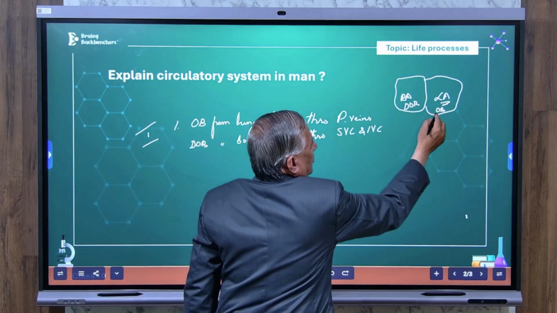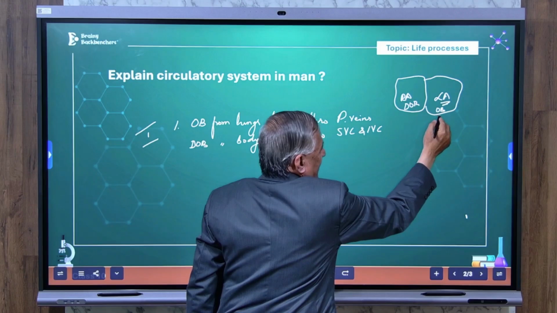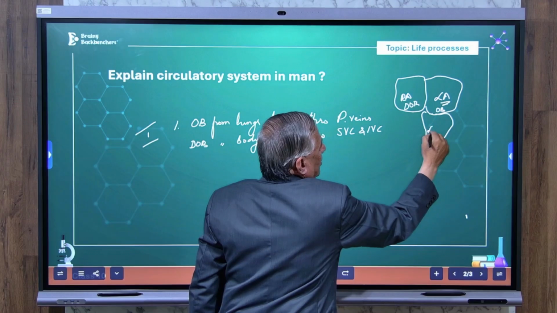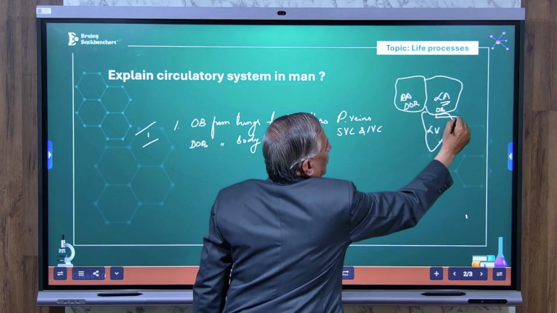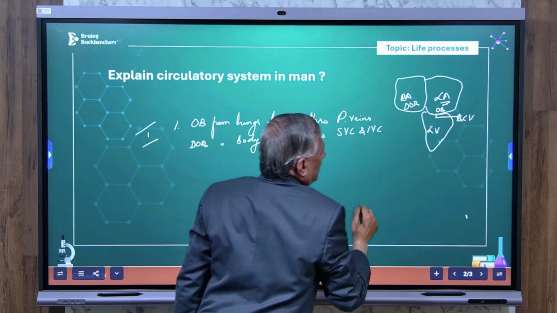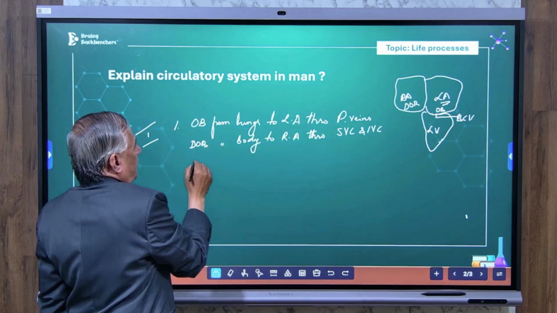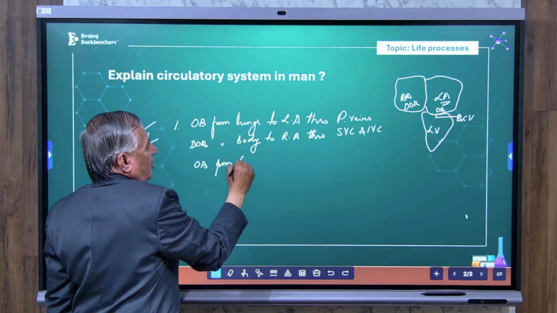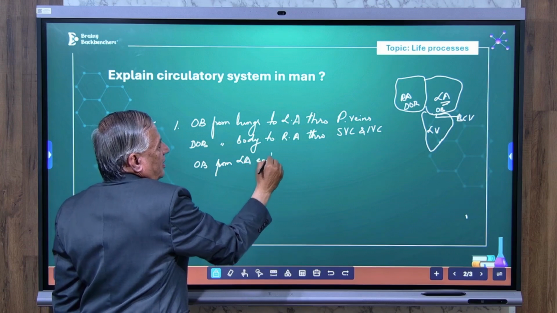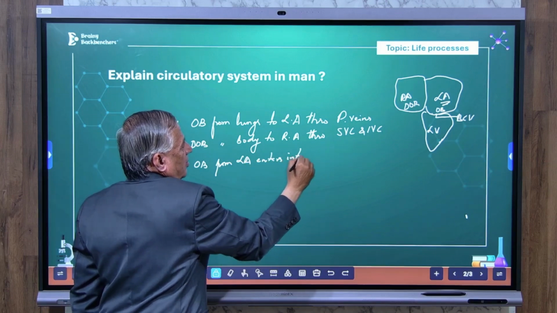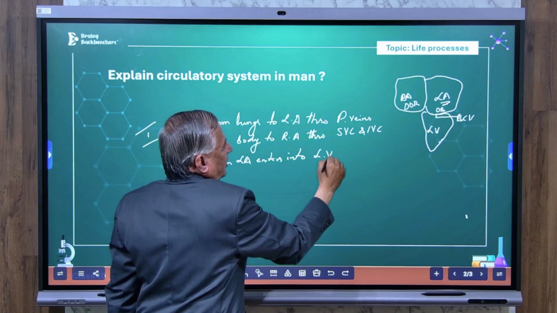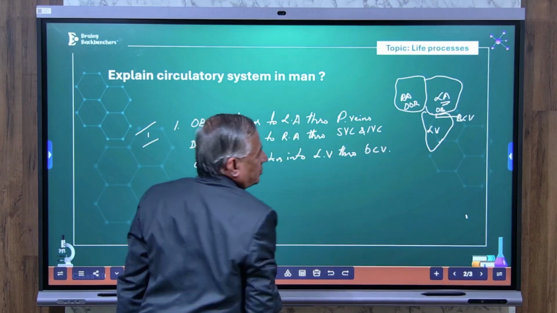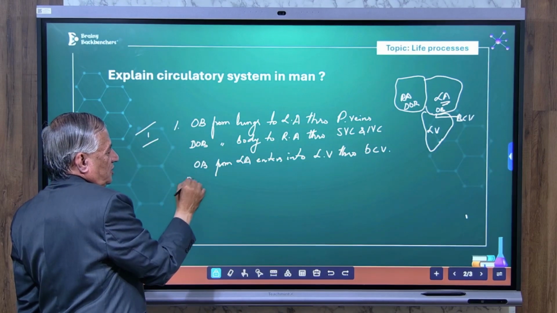From the left atrium, oxygenated blood enters into the left ventricle through the bicuspid valve. I will write that. Oxygenated blood from left atrium enters into left ventricle through bicuspid valve.